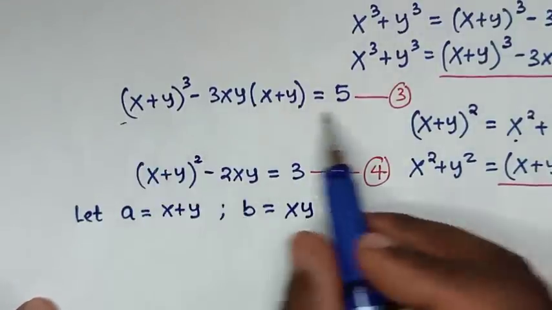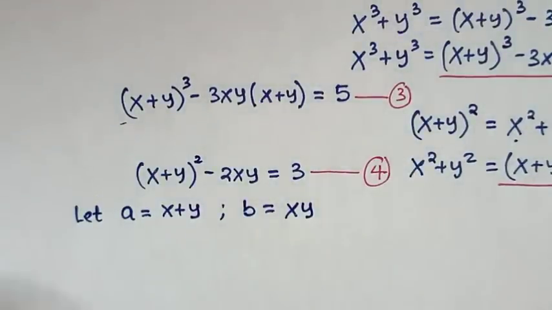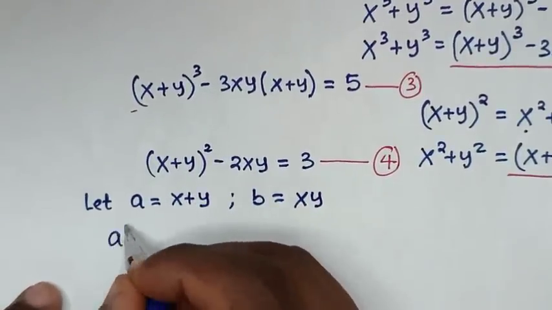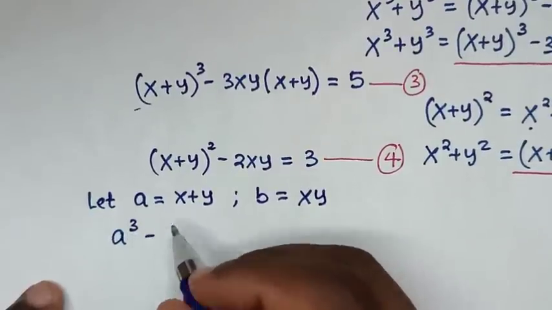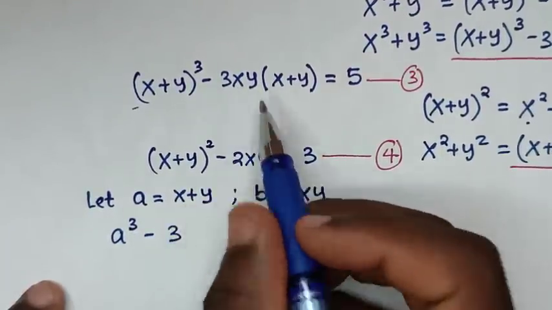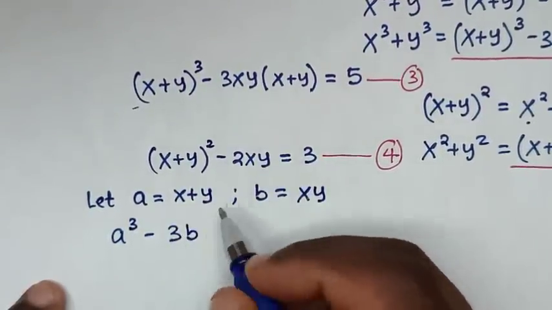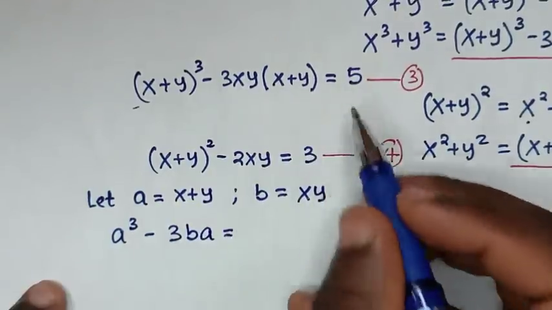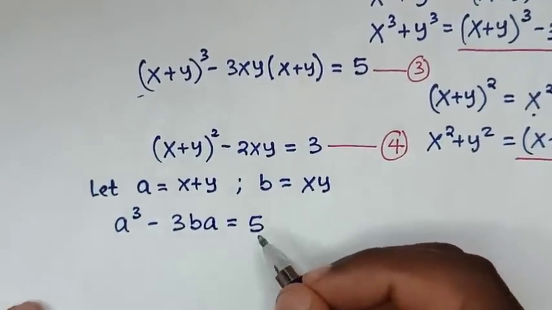Then from equation 3, x + y is a, so it will be a^3 minus 3, xy is b, then x + y is a, equal to 5.